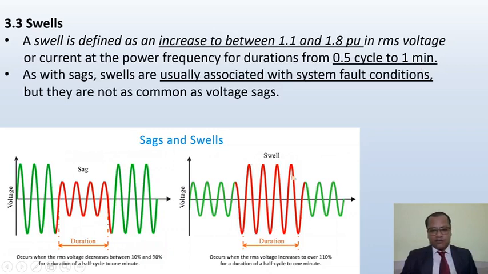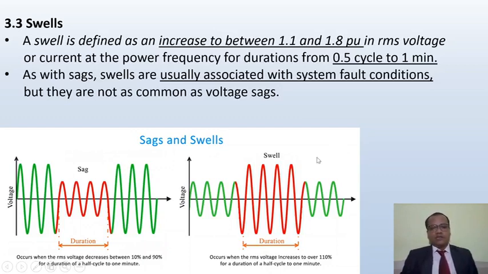In the swell graph, the red part indicates the swell event. The green part is the normal voltage of 100%. If its value rises in the range from 110% to 180% within that span, and the duration is again from 0.5 cycle to 1 minute.